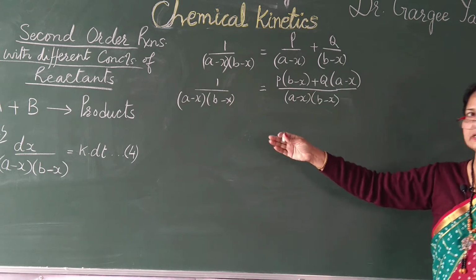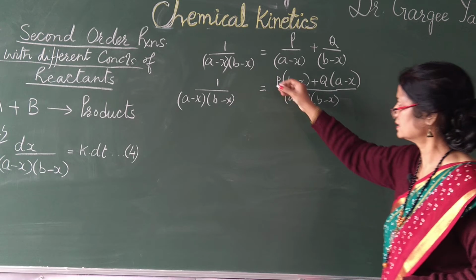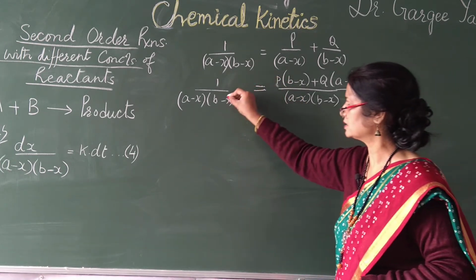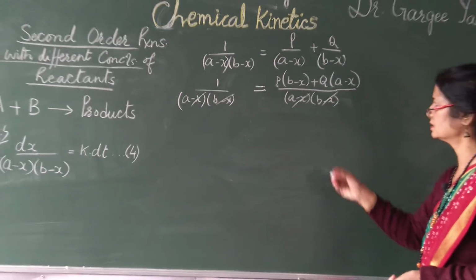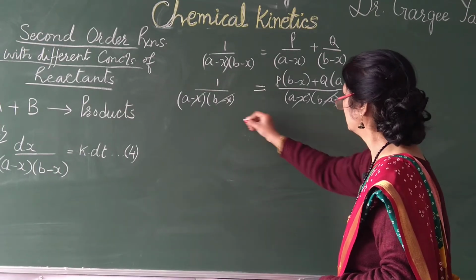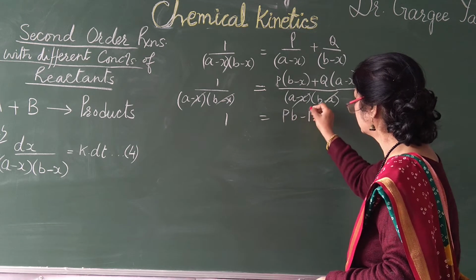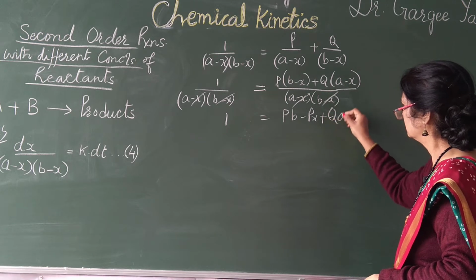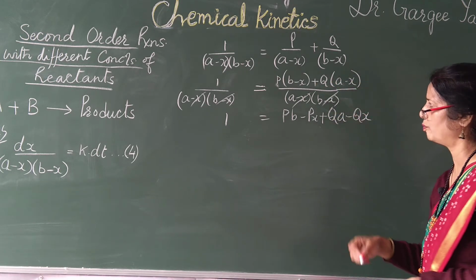Now we are having (a minus x)(b minus x) over here, and here also we are having (a minus x)(b minus x), and this is the equal to sign. So we can easily cancel out these two terms. Now what remains is, we will open the brackets, and what we get is 1 is equal to Pb minus Px plus Qa minus Qx. It's very simple. We have just opened the brackets.